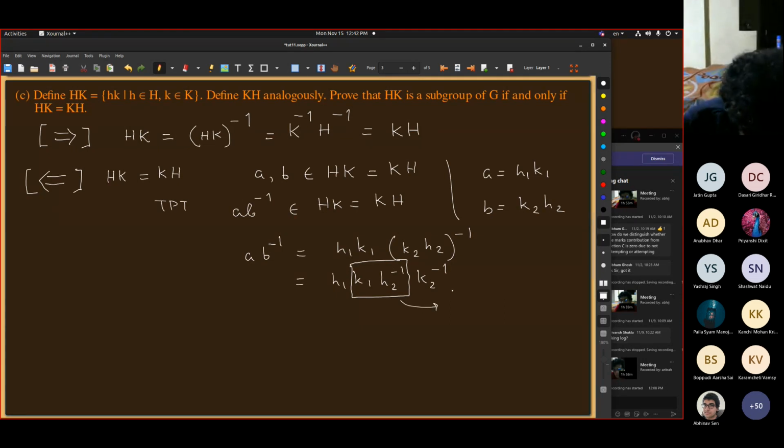So this quantity is in KH, but this is also equal to HK, so I can write it as h3 k3 for some h3 and k3. Then this simplifies to h1 h3 k1 k3, which is in HK.